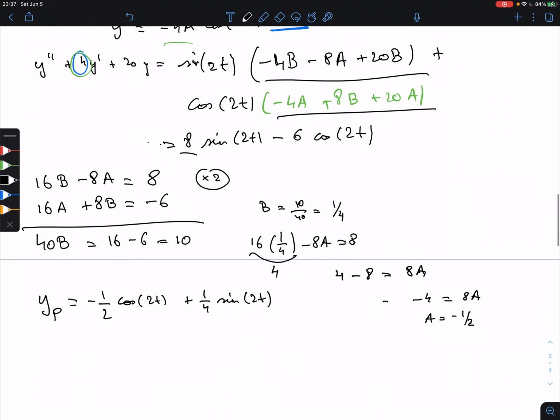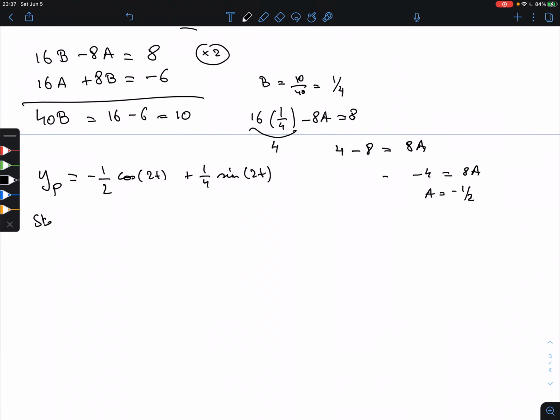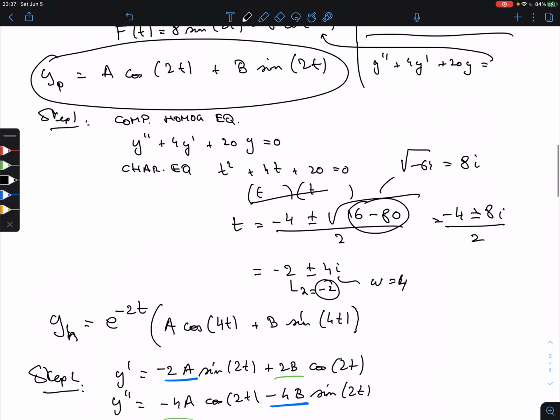And so finally, the full solution. Again, the textbook didn't actually ask for that, but let's write it up. The general solution would be the particular solution plus the homogeneous solution. So y is equal to minus a half cosine 2t plus 1/4 sine 2t. It's a little bit of copying, but come on, guys. For a quiz, you have all the time.